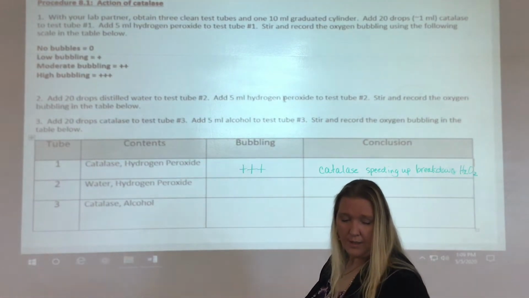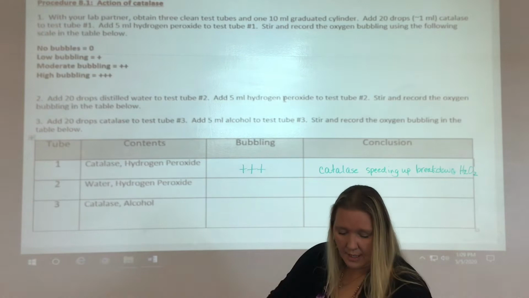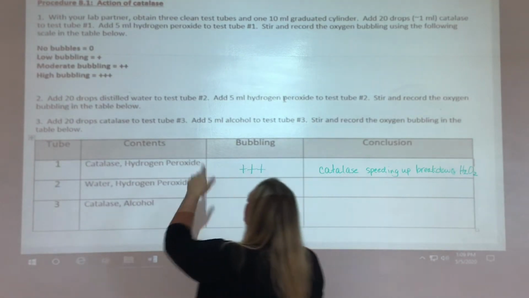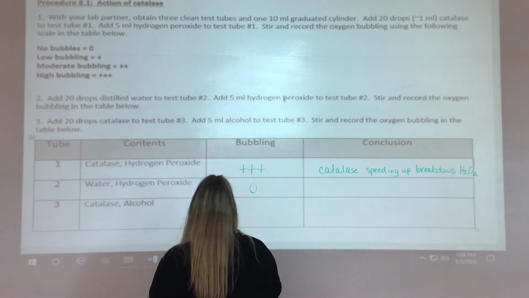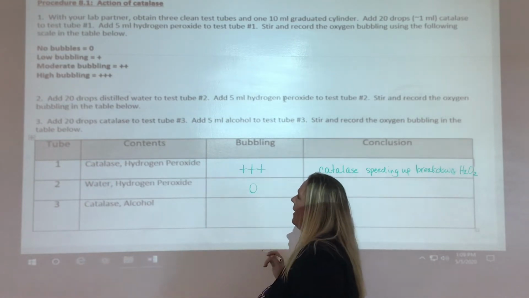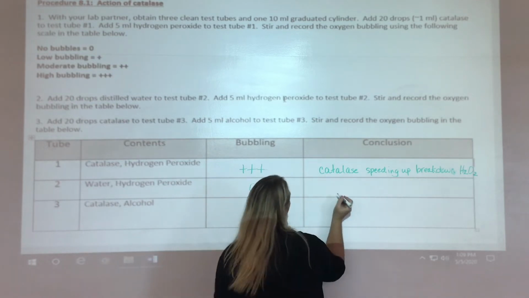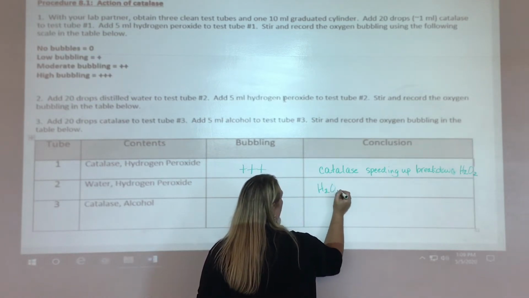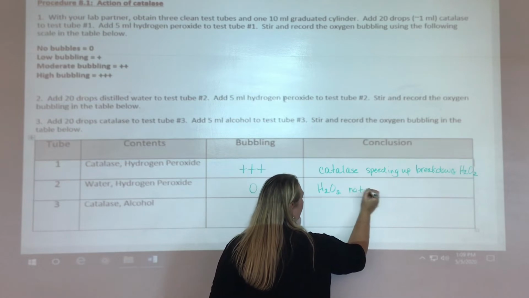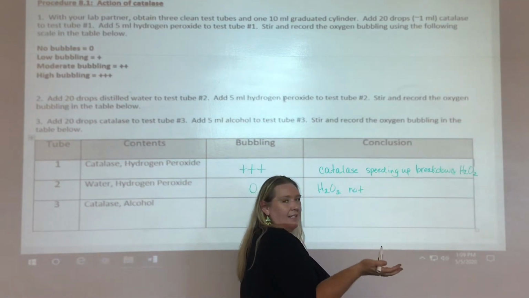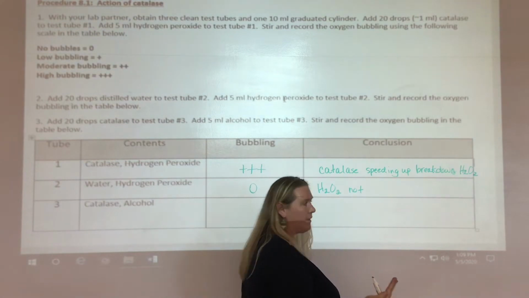But if it's just water and hydrogen peroxide, it's just clear, just like I would see if I looked inside of this brown bottle, okay? So no bubbles, okay? And so there's no catalase present, okay? Hydrogen peroxide, I want to say not breaking down, but in reality it's so slow that we're not seeing it, okay?